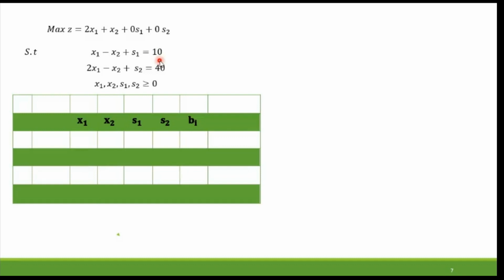Now take the first constraint. First constraint में write the coefficients of x1, x2, s1 and s2. Okay, write the coefficients of all the variables from the first constraint. So 1, -1, 1, 0 and 10.